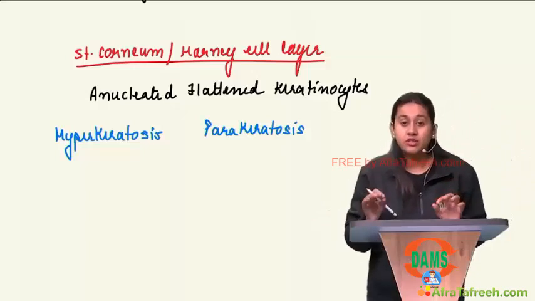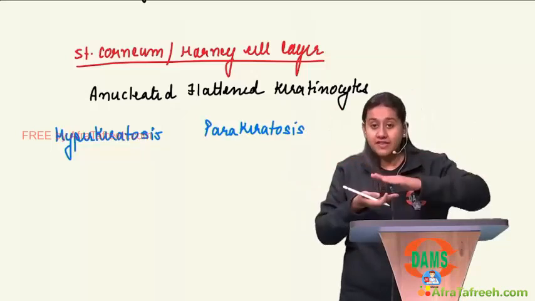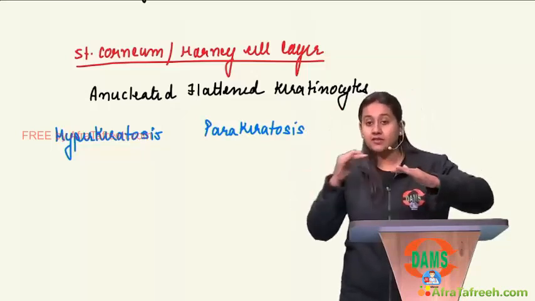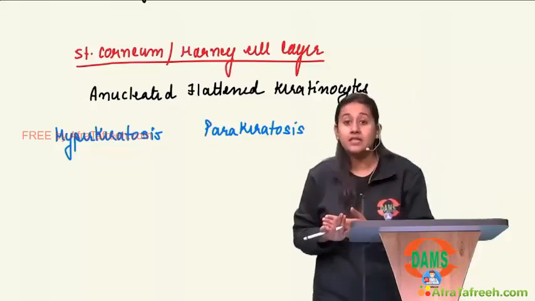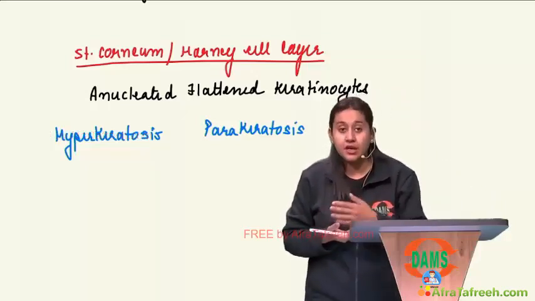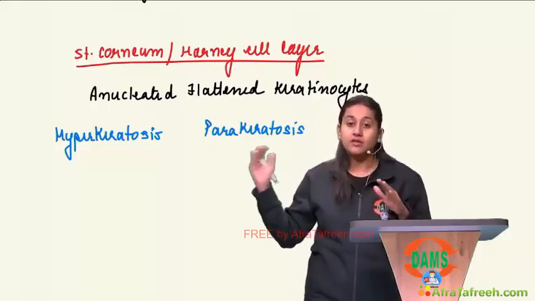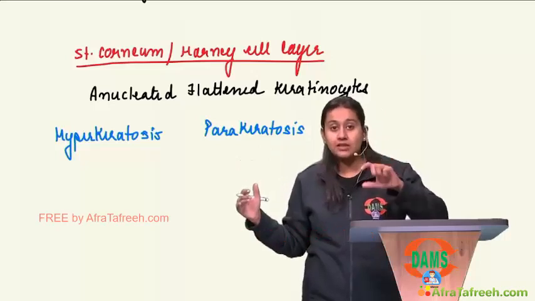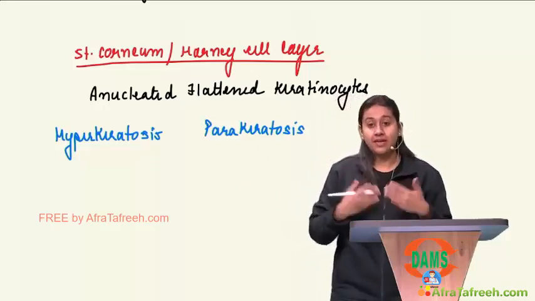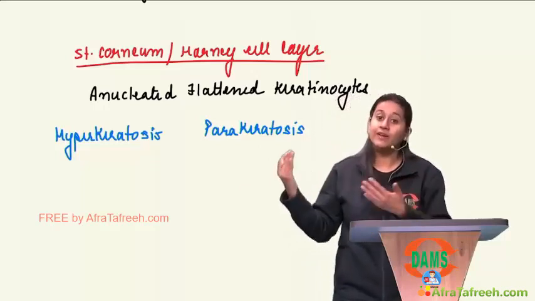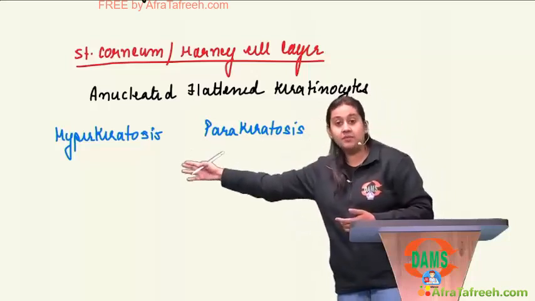Please remember, my students, normally stratum corneum is 4 to 5 layers thick. We see 4 to 5 layers of keratinocytes arranged on each other. But there are some conditions, for example psoriasis, for example verruca vulgaris, where there is increased proliferation of the cells of the epidermis. In all these conditions, there is increase in thickness. Instead of 4 to 5 layers, you may see 7 to 10 layers, 10 to 20 layers of the stratum corneum, and that condition is called hyperkeratosis.